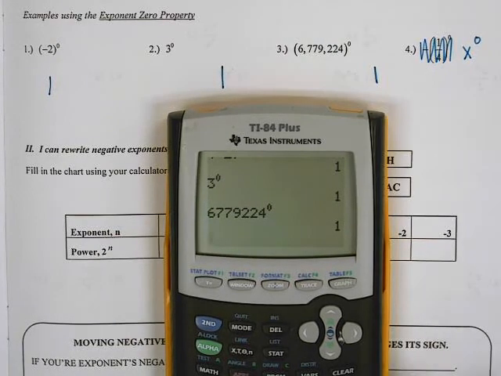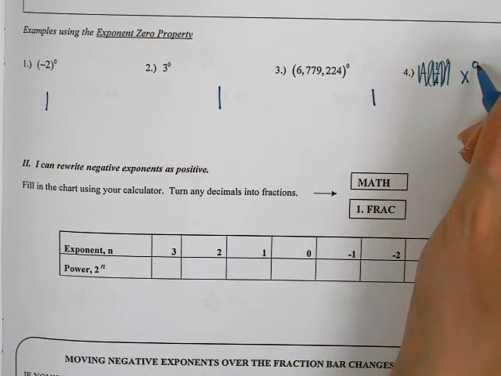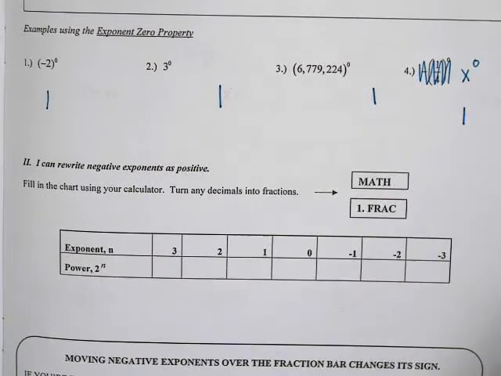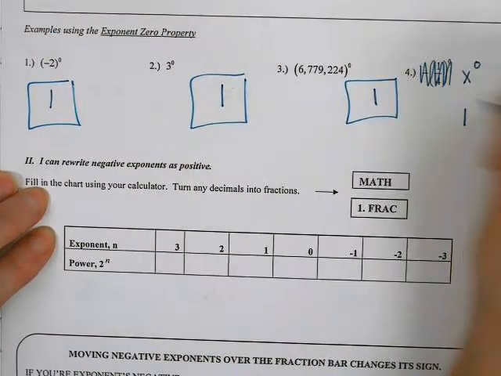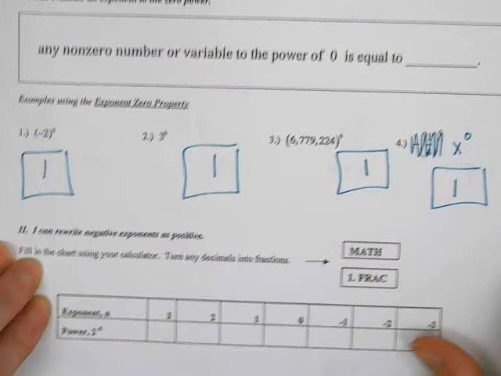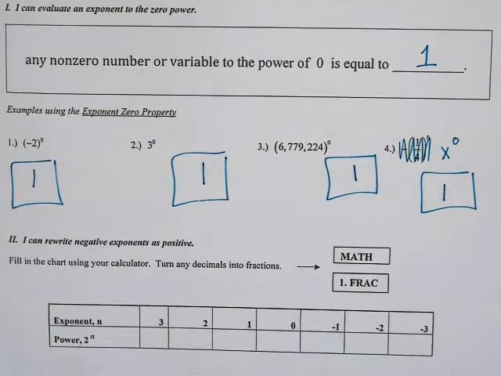Now, x is not a number to type in the calculator, but guess what x to the 0 power is? It's also 1. So what's our rule? Any number or variable to the 0 power is always equal to 1. We love that rule.